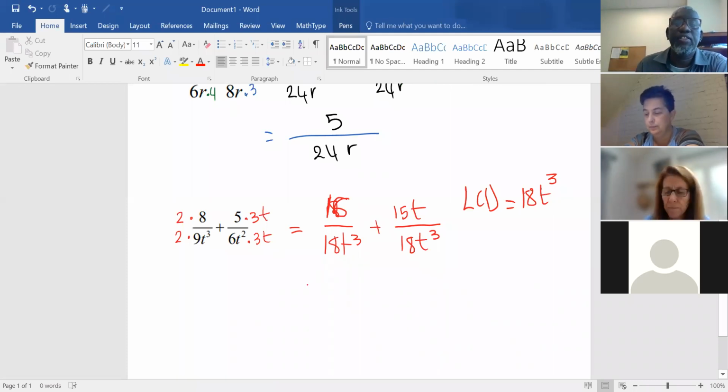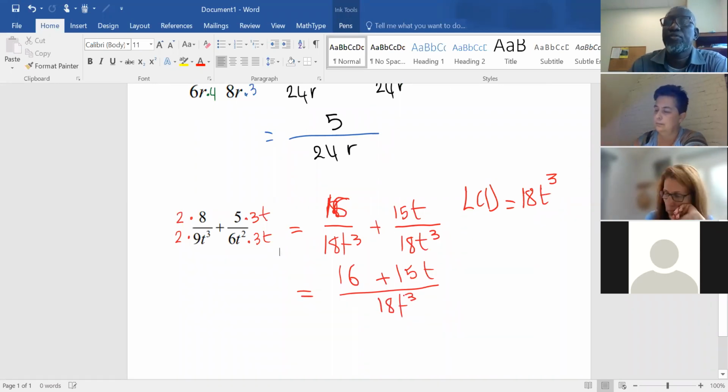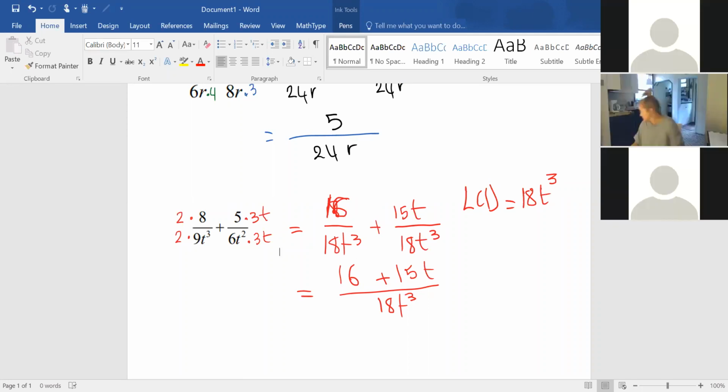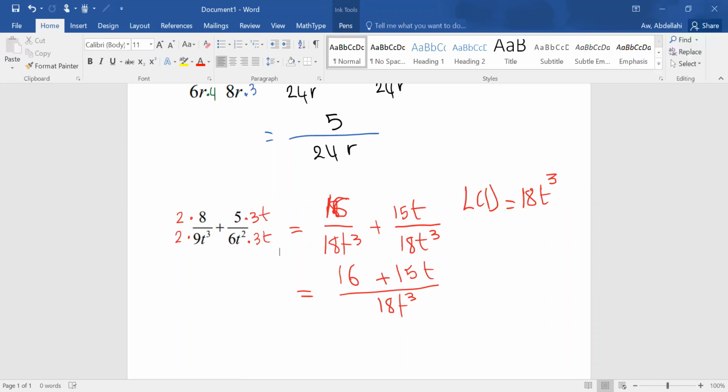And then which ends up to be 16 plus 15t all over 18t cubed. Everybody got that? Yeah.